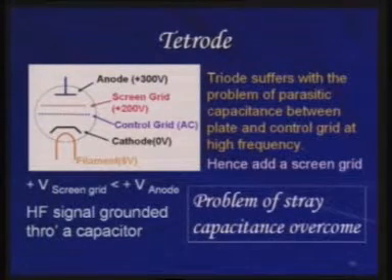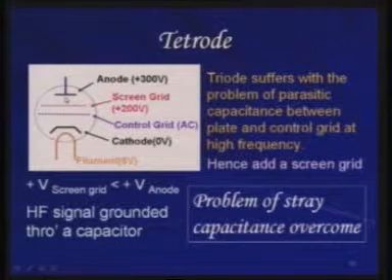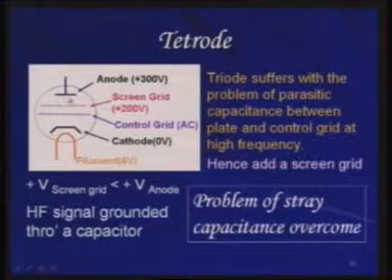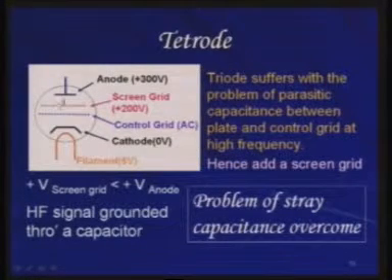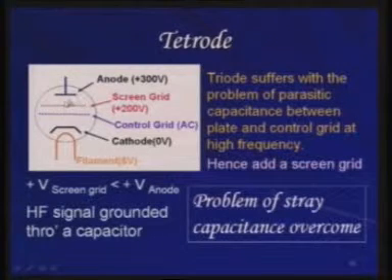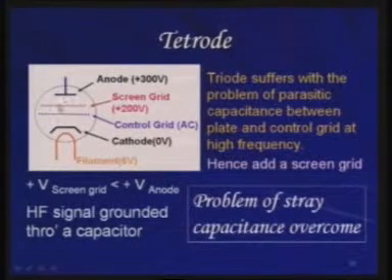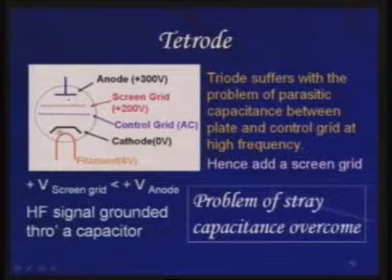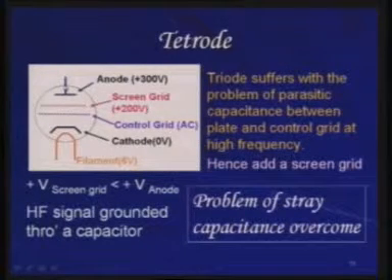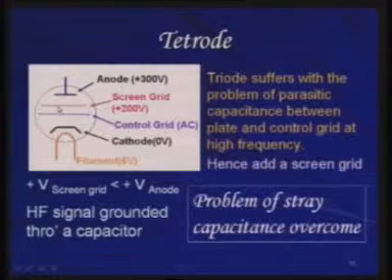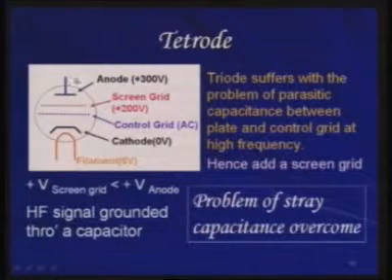Normally these secondary electrons should be absorbed and go into the circuit. However, it is not possible. Because of the 200 volts they see here, they get attracted here. So though you are sending electrons from here, the secondary electrons get attracted to the screen grid and do not contribute to the anode current.